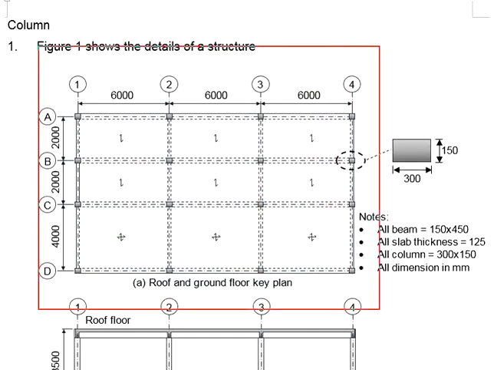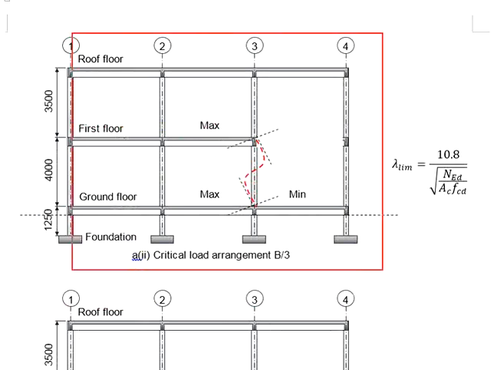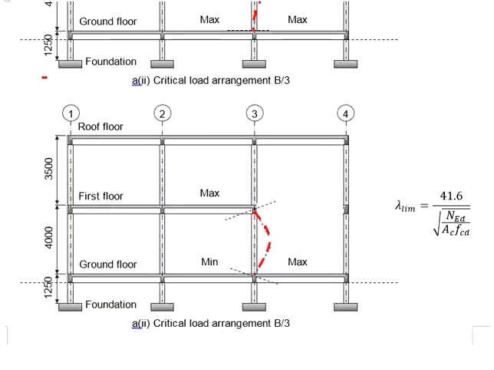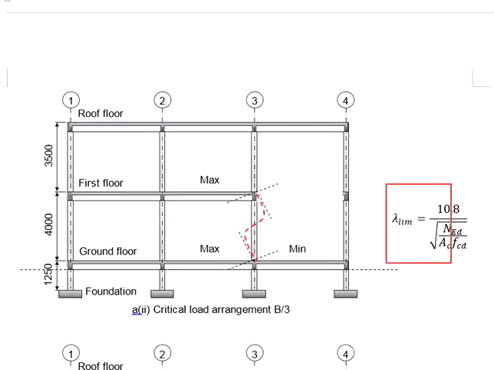Especially for this case, when both spans are the same, that means this can happen and this can happen in the extreme case. And you know that these equations will be the most critical. If you use these equations, this column might end up to be a slender column. Of course, you can go for this as the slenderness limit, which may result in highly conservative design solutions.